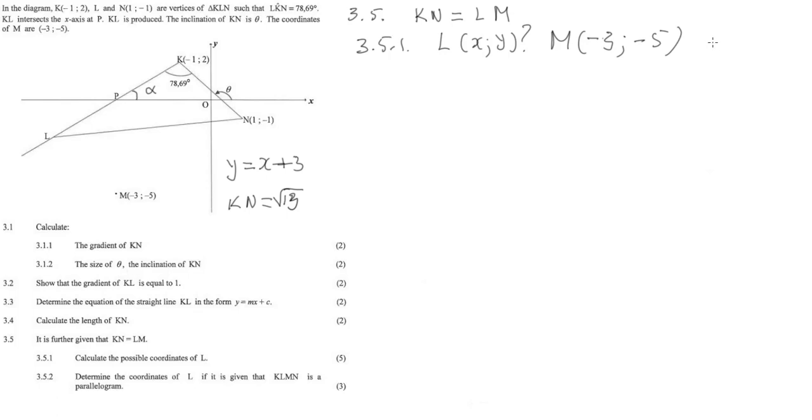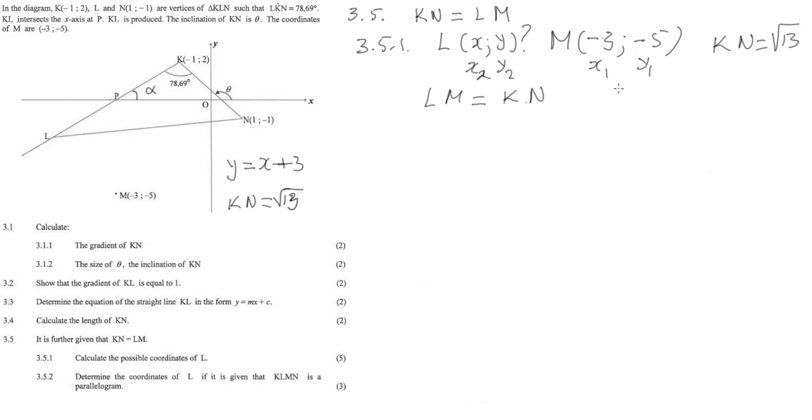And we know the distance KN is square root of 13. So if the two distances are equal, we call these x1, y1, x2, y2. So let's find the distance. The distance LM should be equal to the distance KN.